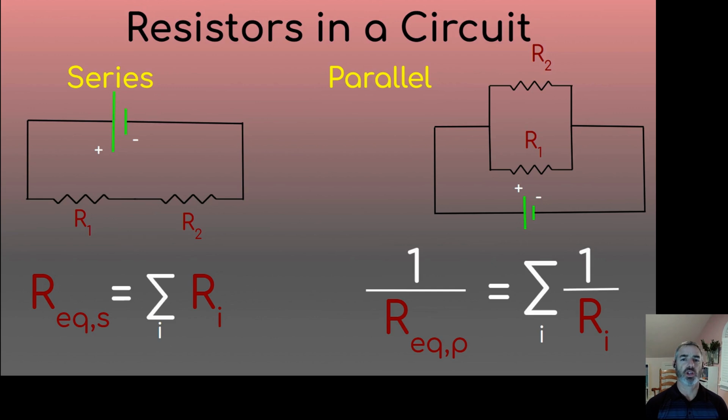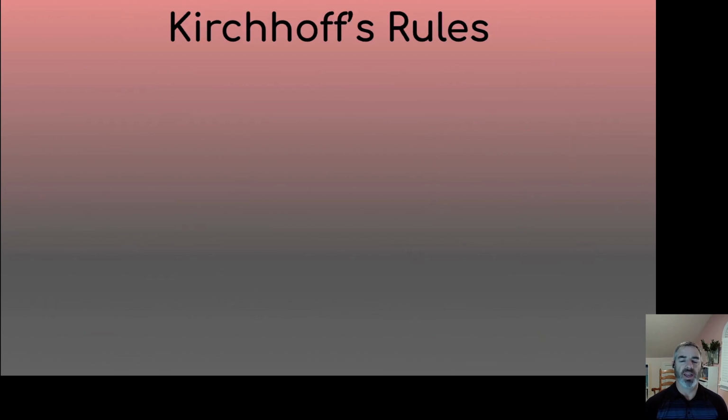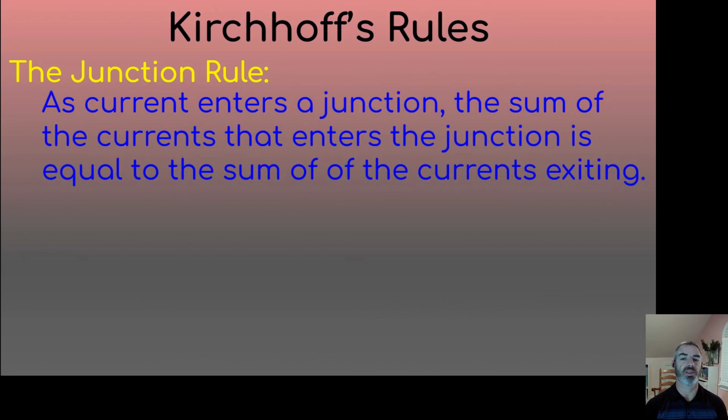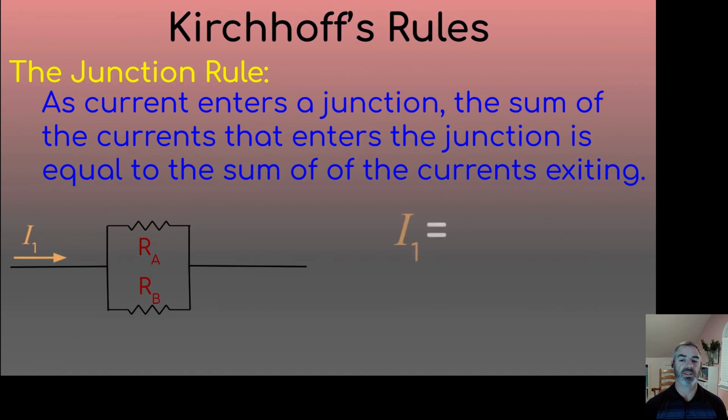So let's look at Kirchhoff's rules. Kirchhoff has two rules. The junction rule, which applies to parallel circuits, is that as current enters a junction, the sum of the current that enters the junction is equal to the sum of the current exiting the junction. So if we have a current flowing through a portion of a circuit, we have I1, and once it gets to the branch, it splits, so I2 plus I3 is going to equal I1, and it comes back together.